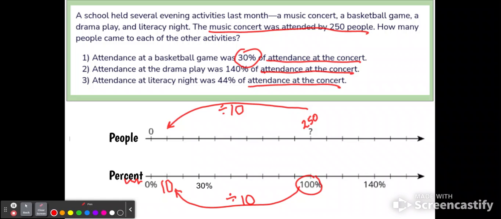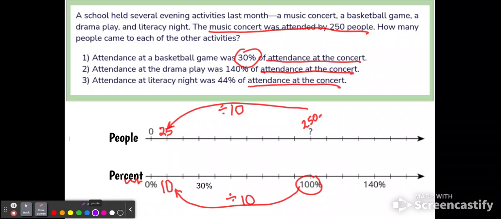Well, my decimal is at the very end of my number, even though we don't normally write it there. It's there. It's that invisible math. So if my decimal point is after the 0, to adjust it one place value to the left means that 250 divided by 10 is 25.